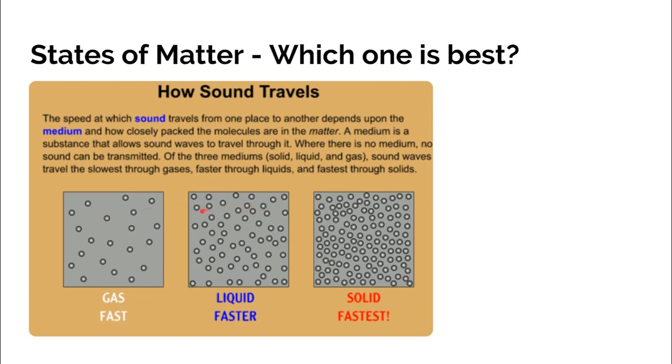So something that's higher density, like this liquid, the particles might bounce against their neighbors really easily and not lose any energy. That sound wave would go faster, it would go further, it would be heard easily.